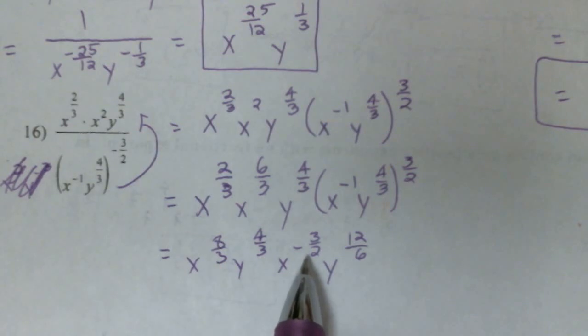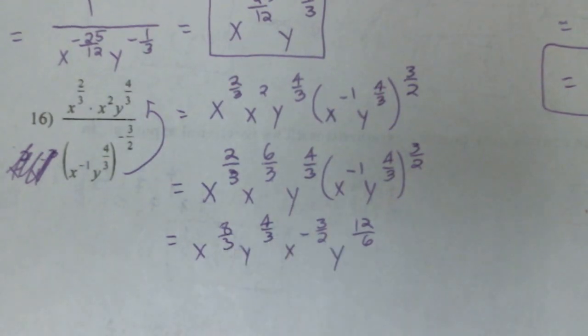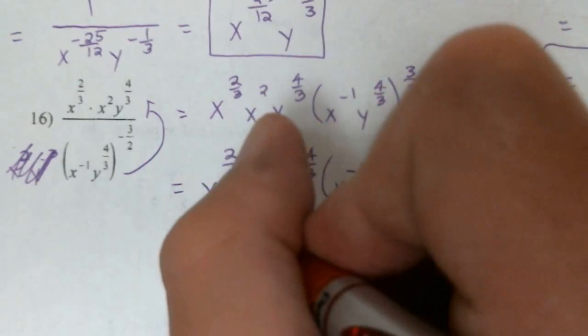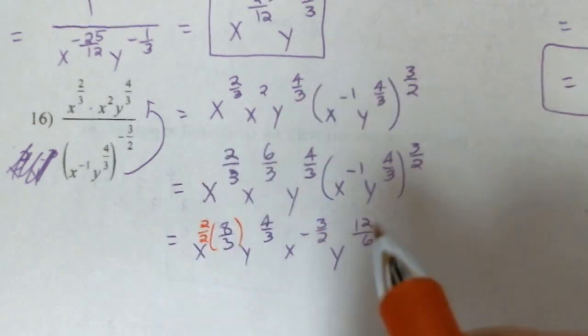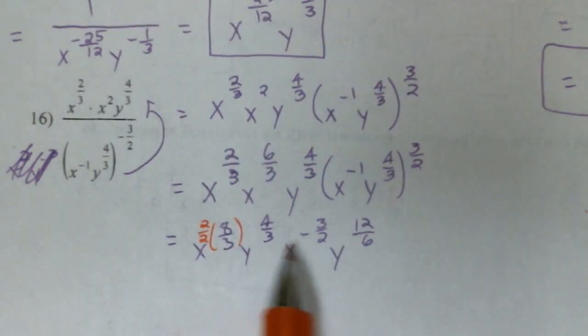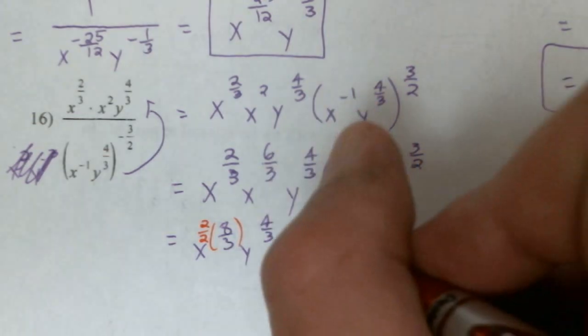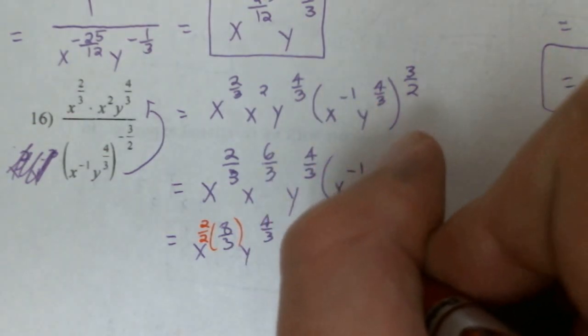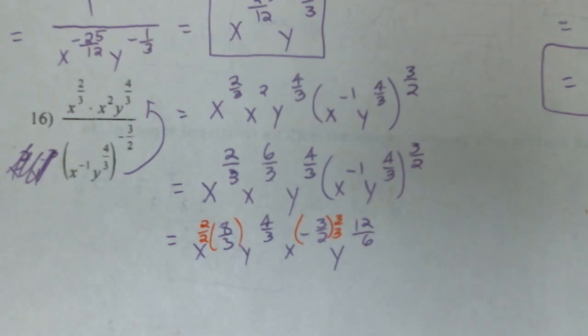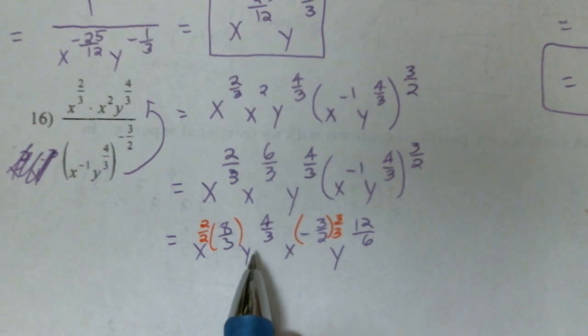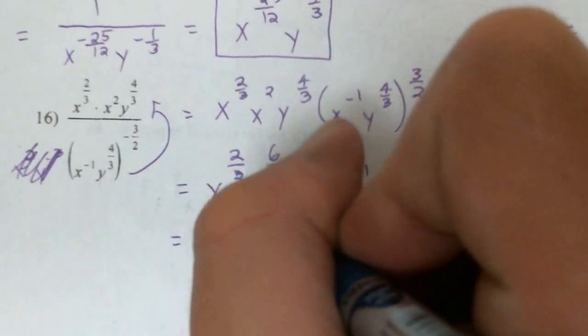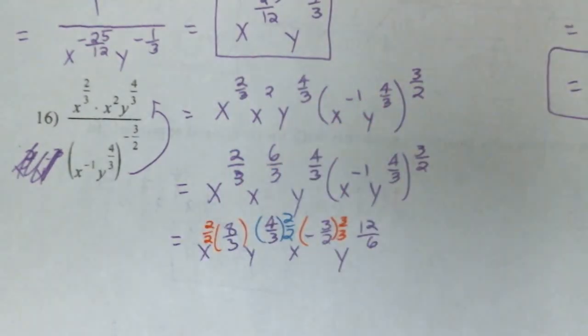I need a common denominator of 6, so I need to multiply this guy by 2/2. For the x's, I need to multiply this guy by 3/3. For the y's, I need a common denominator of 6, so I need to multiply this guy by 2/2. And now we got a whole bunch of common denominators.